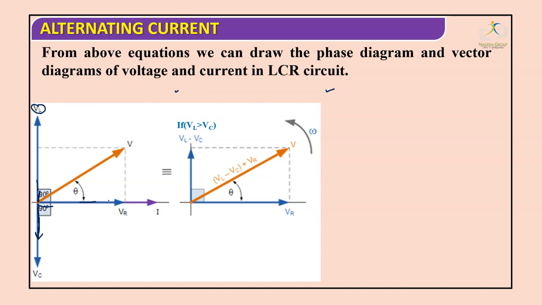And in this case voltage is leading by 90 degrees. If I take the vector sum of both, this will become VL. As we know, if VL is greater than VC, then VL − VC comes into the picture.